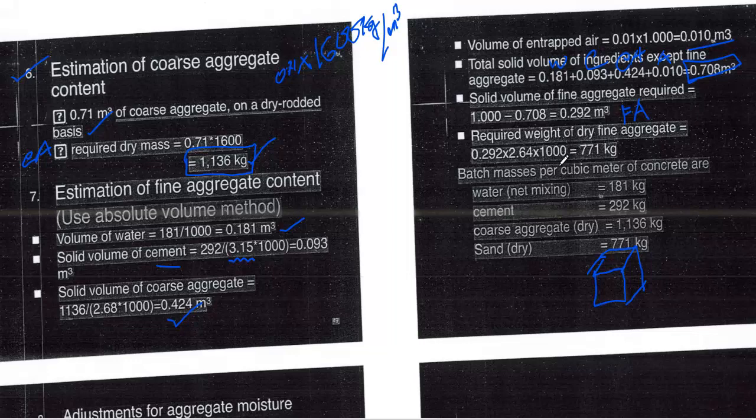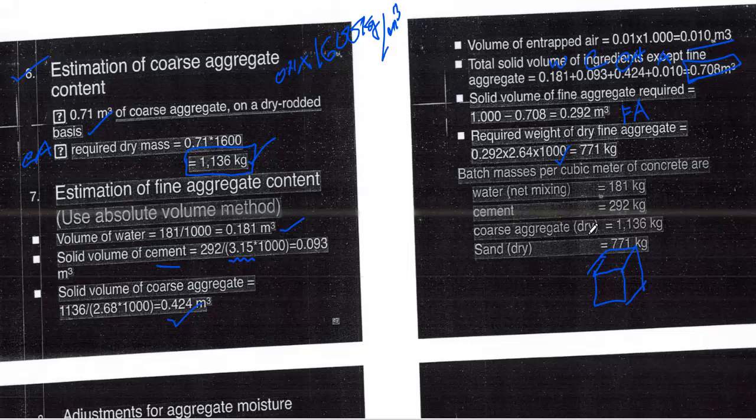Do you understand? To calculate the volume, you divide the mass by the specific gravity and 1000. To convert the opposite way, volume to kg or volume to mass, you just multiply the specific gravity and the 1000.